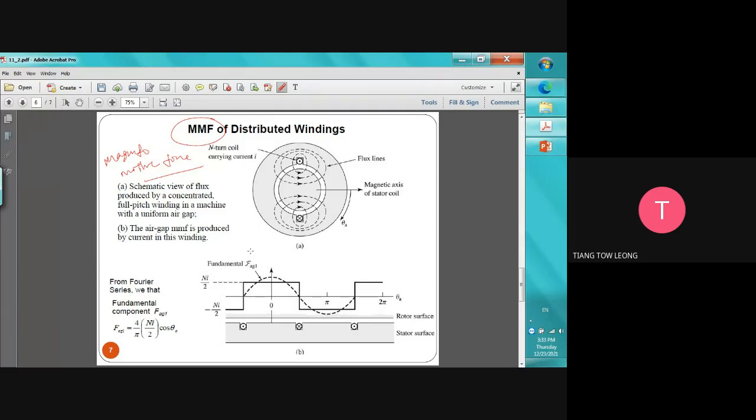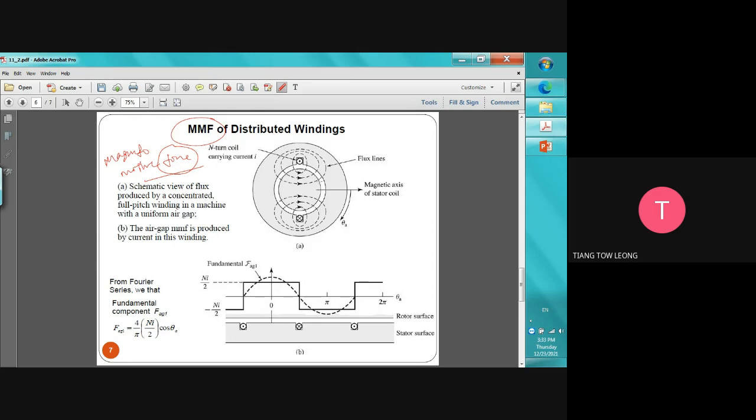After that, we need to select the appropriate one so that we can have the highest efficiency of the EMF generated. MMF is something like the force generated due to the magnetic field.